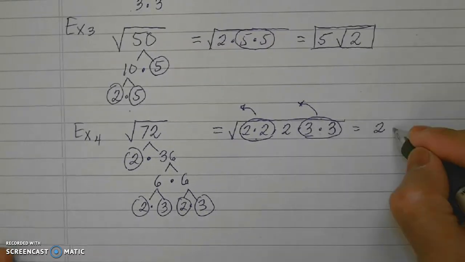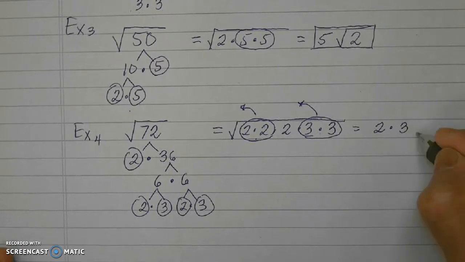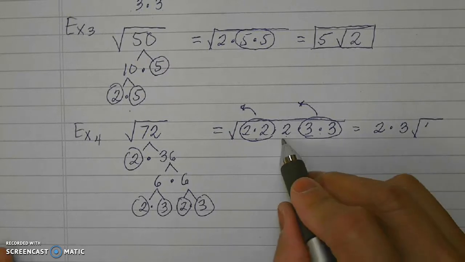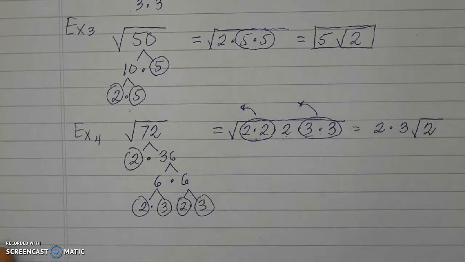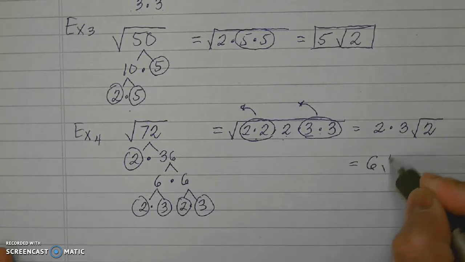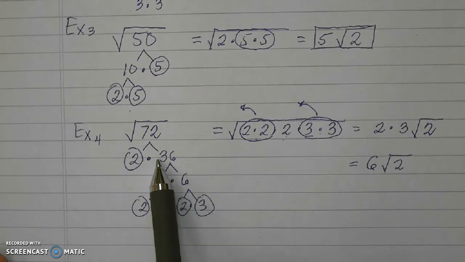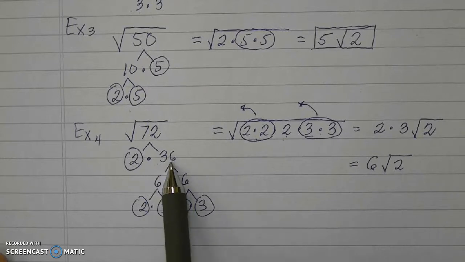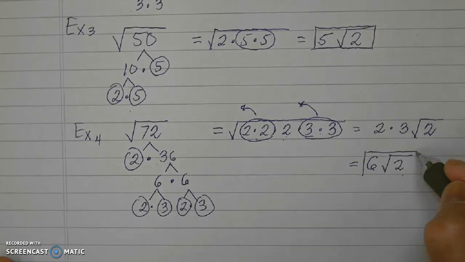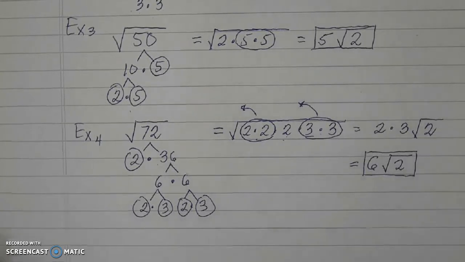That's another 3. And the 2 inside, which has no pair, stays inside. And that's a 6 square root of 2. Going back, you can already go straight to the square root of 36. It's a 6. And then this 2 is left inside because it has no pair. So this is your final answer.